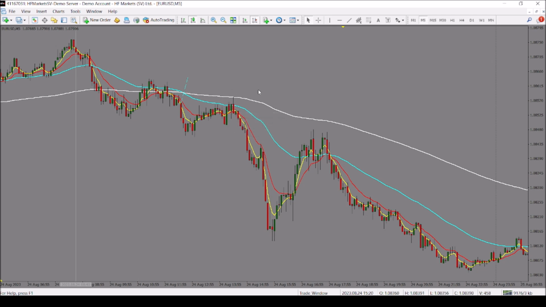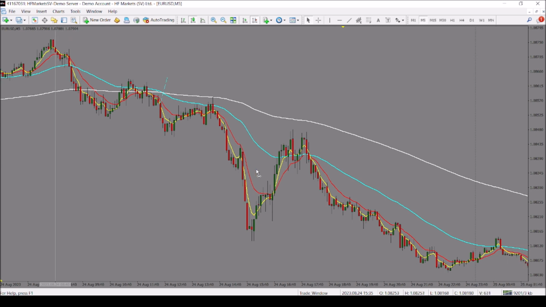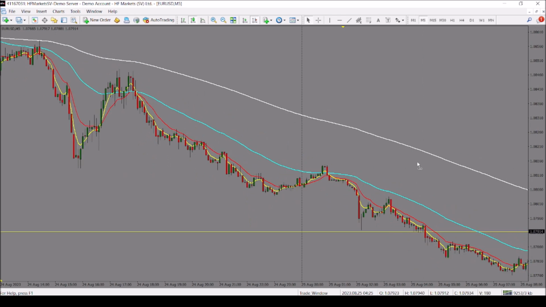Our stop loss and our take profit will be the stop loss pips multiplied by 1.5, and we get our take profit. So basically we just need to have one entry for each 50-200 EMA cross, at the first retest of the 50 EMA.